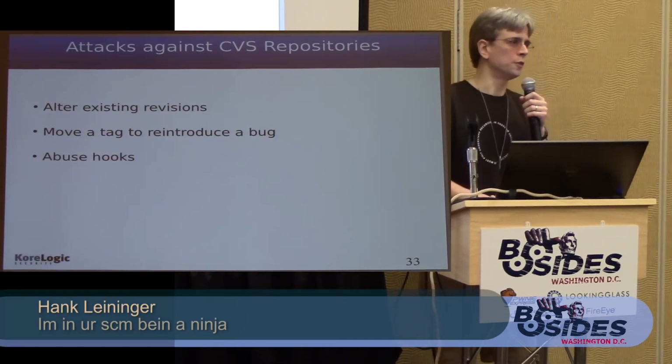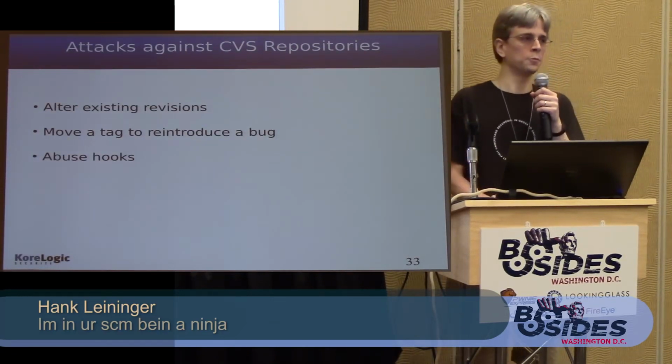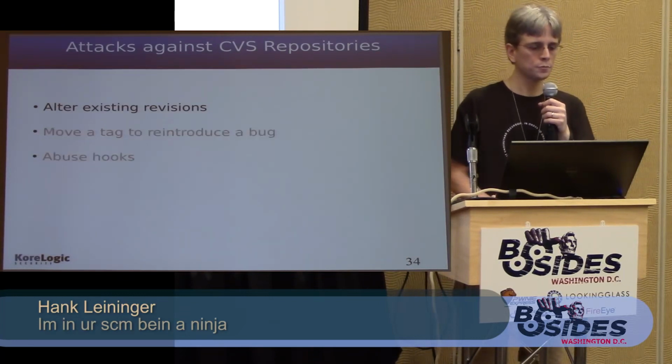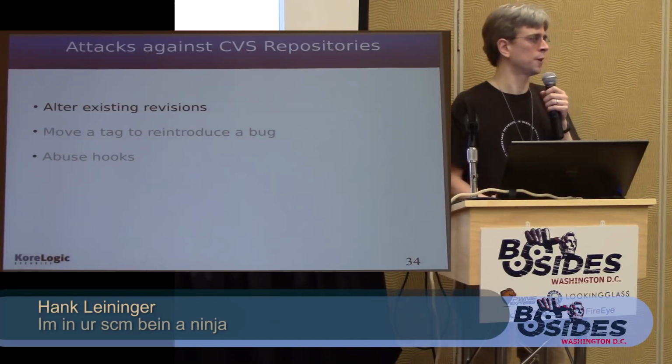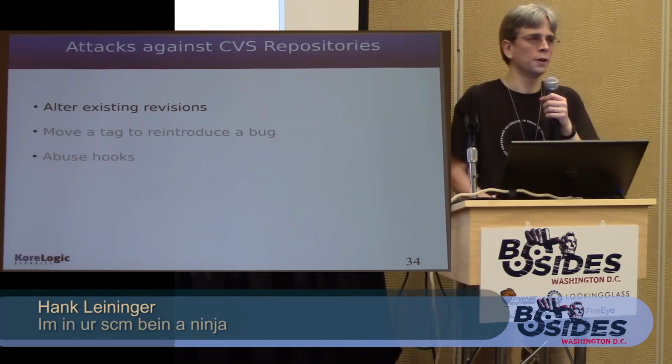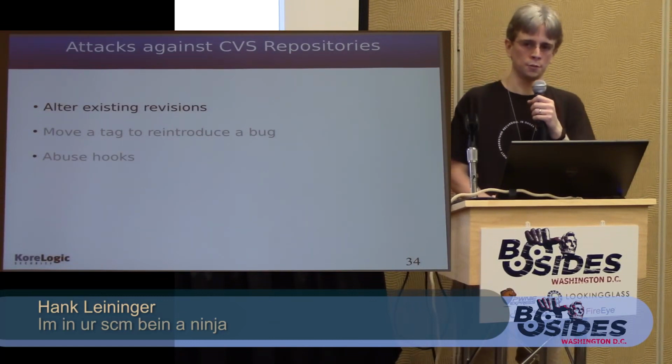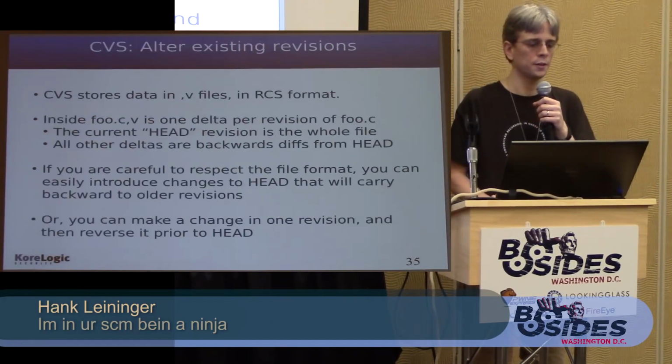So a few examples, I'll run through CVS. CVS is sort of an oldie but goodie, but it has a really simple on-disk format, so it's very easy to explain. First, I'm going to alter an existing revision. This is something that you would have to have file system access to do, or some other way to access the CVS server's underlying data.